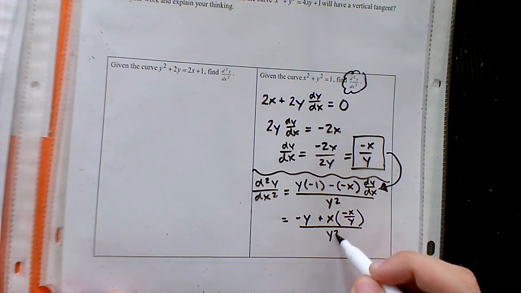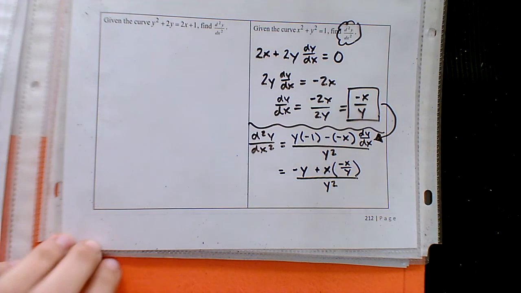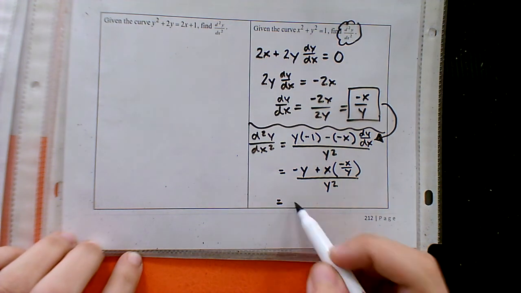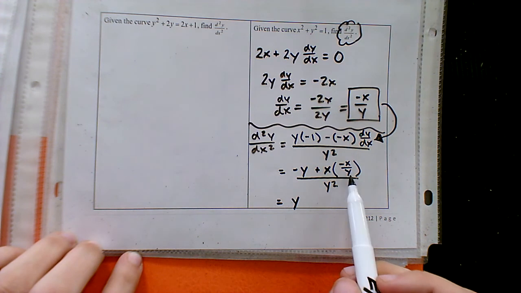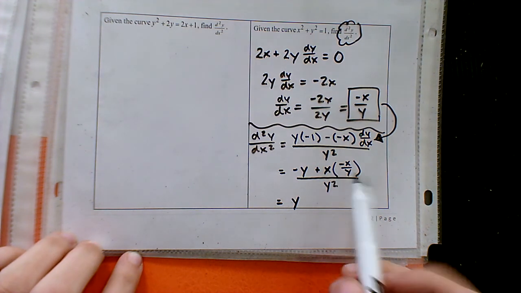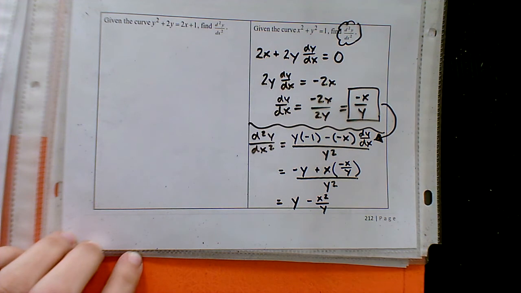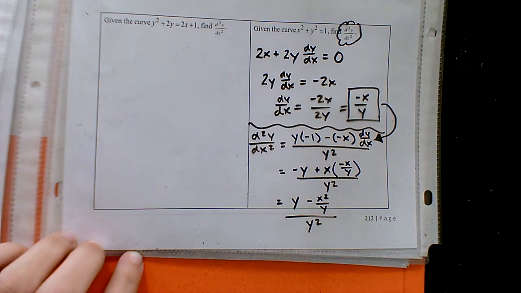Now all of this is still over y squared. So we cleaned it up a little bit, but I don't know about you, it's still hurting my eyes. So let's keep going. We'll see where this can take us. We'll have negative y. And if we actually multiply these two terms together, we'll have negative x squared over y. And that's still all over y squared.